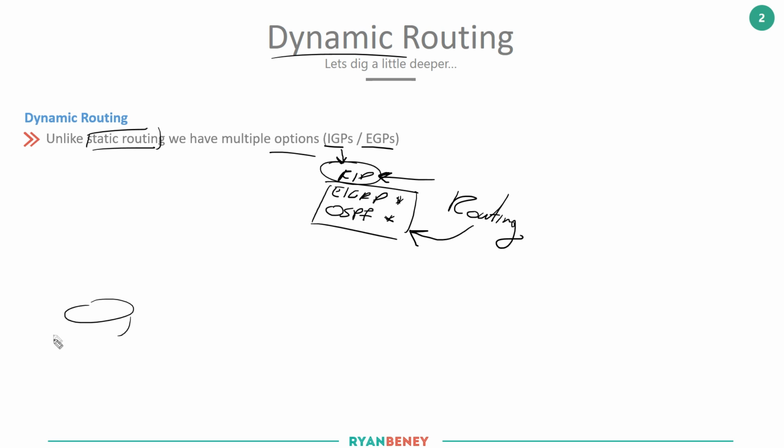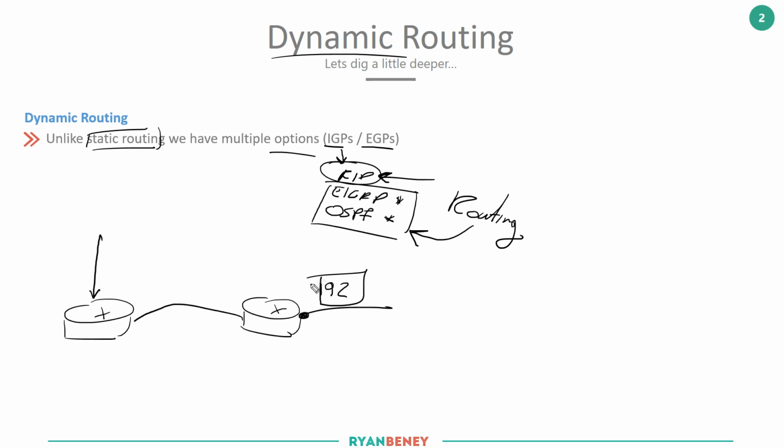In the last video we went over static routing. We said that static routing is a way to essentially tell a router how to reach a remote destination. So for example, if we had the 192 network off the back of this router, we would instruct this particular router: if you want to get to this network, go to this next hop, or in some instances go to this local interface.